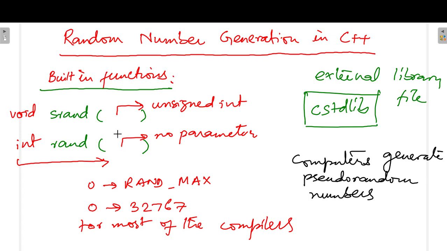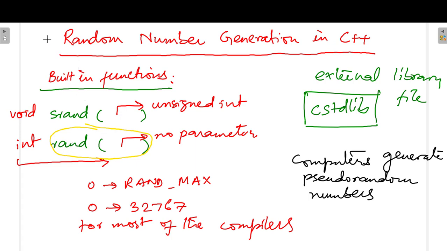So this rand function will actually generate the random number. This is the function that will use a mathematical algorithm to generate random numbers. So if this function is executed again and again, then a sequence of random numbers will be generated.